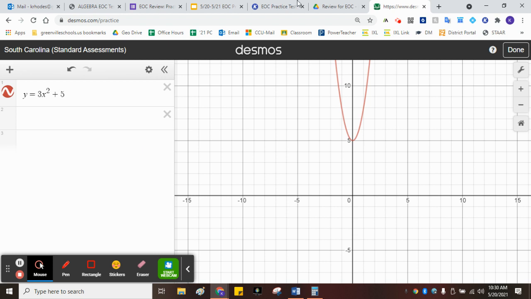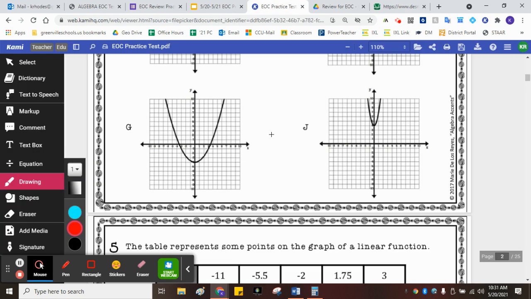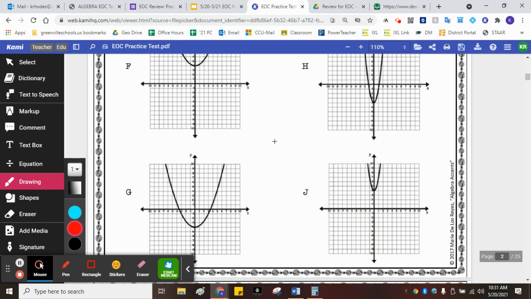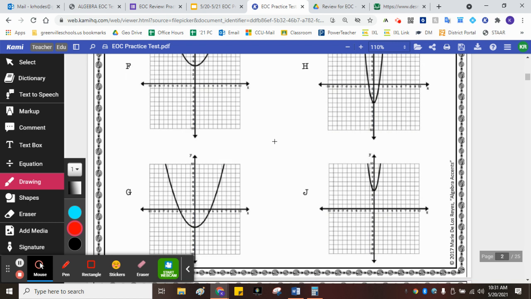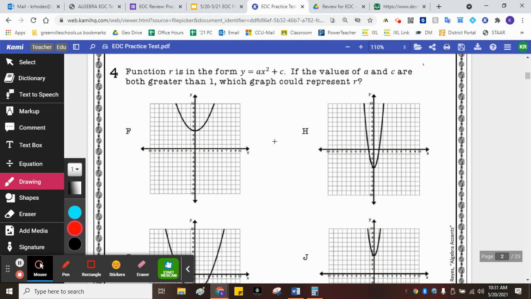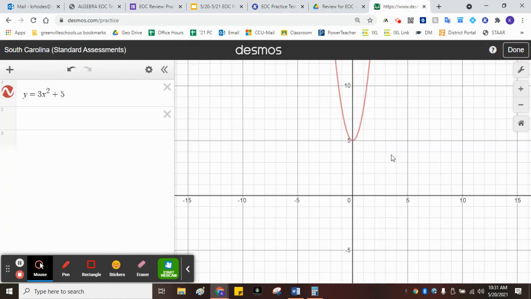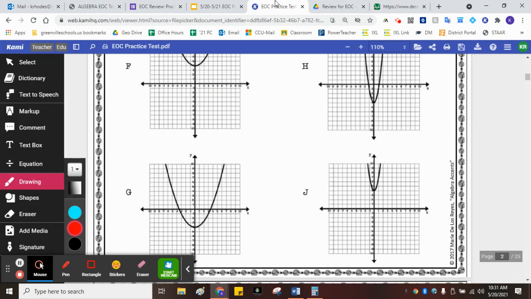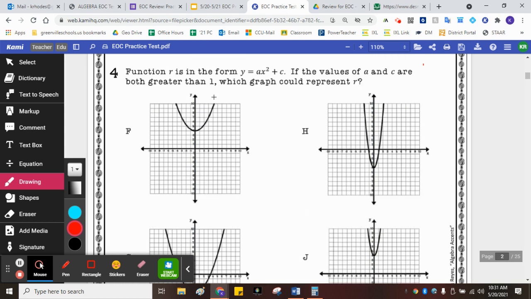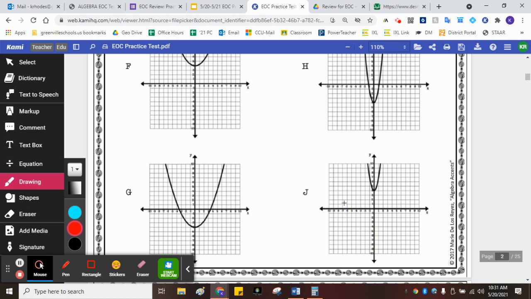Looks like that. So which one do you think it is? The other one. F? F or J?